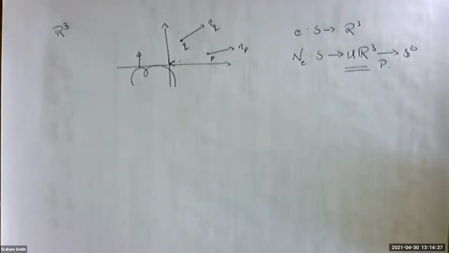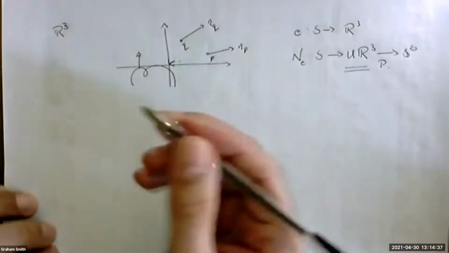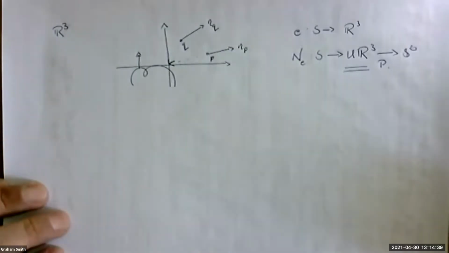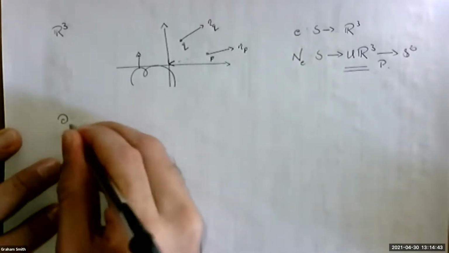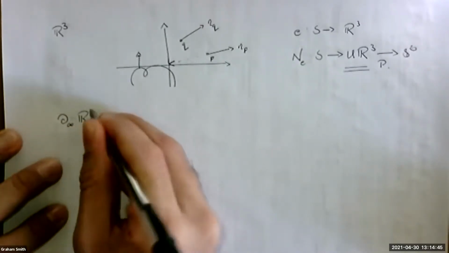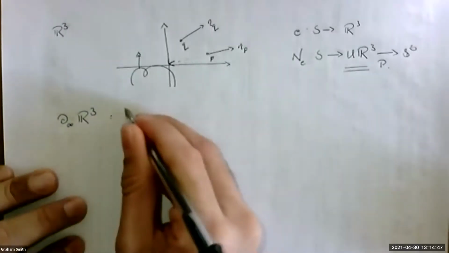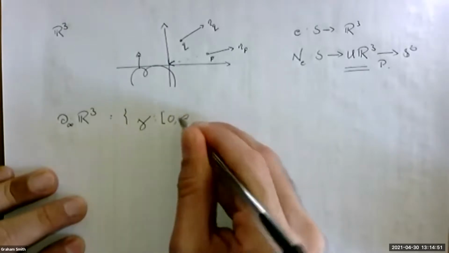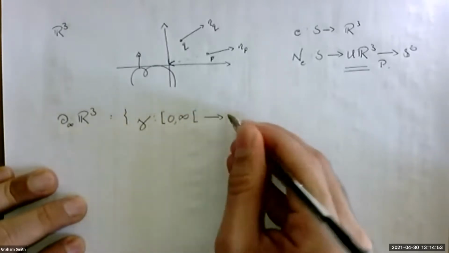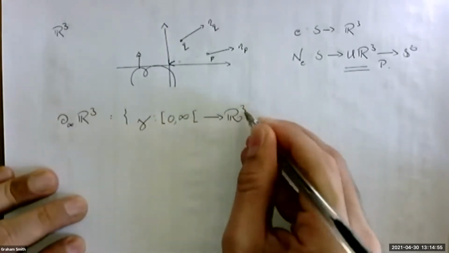Now, in order to understand hyperbolic space, it's good to see the Gauss map of R3 in a slightly different way. The reason why I'm talking about R3 here is because it's easier to understand in the hyperbolic case. So what we do is the following. We define an ideal boundary for R3 to be the set of all complete geodesic rays in R3.